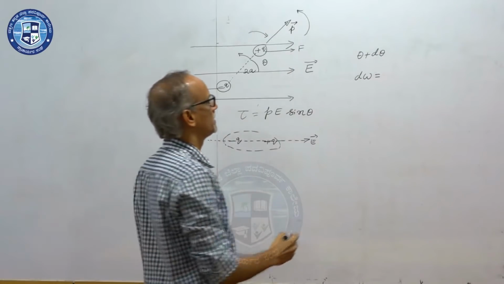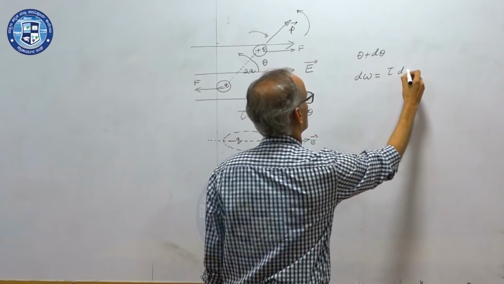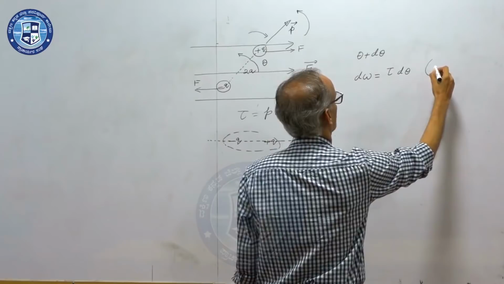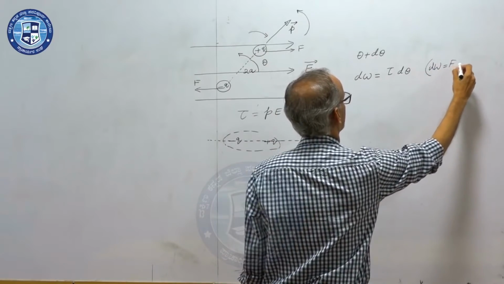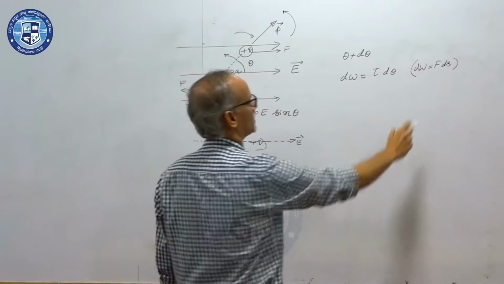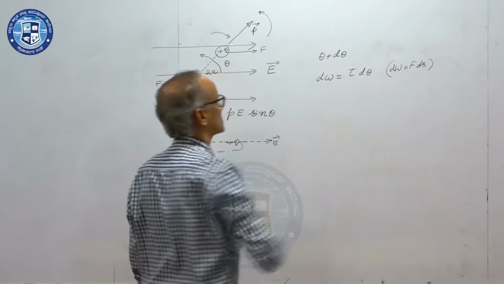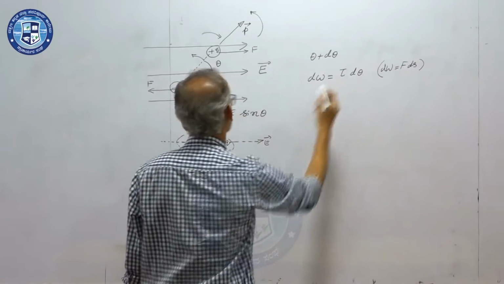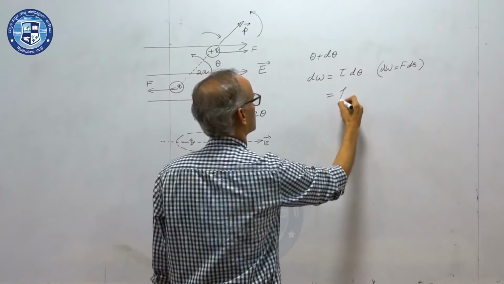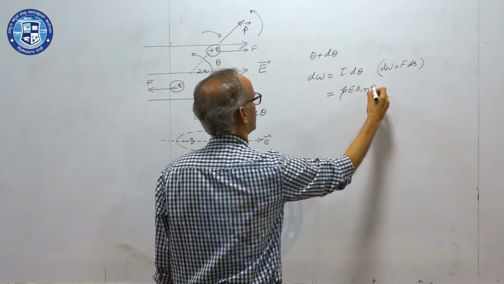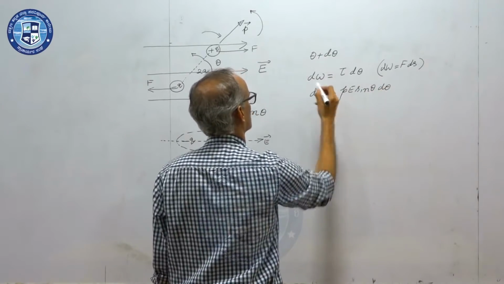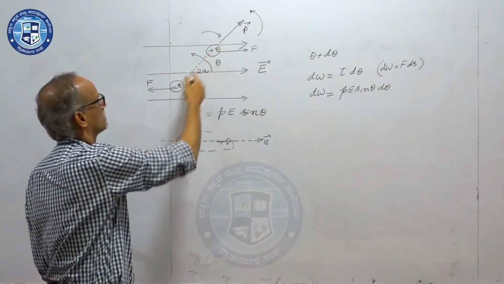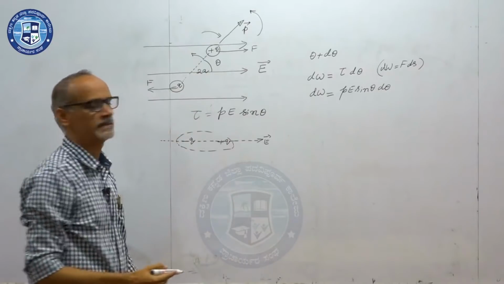That is given by dW equals tau into d theta. Now, this comes from the expression dW equals F into ds. This is in linear motion and this is in the rotational motion of a body, where tau is given by PE sin theta, so dW equals PE sin theta d theta. So, this is the small work done in rotating the dipole from the position which I have maintained further through a small angle d theta.